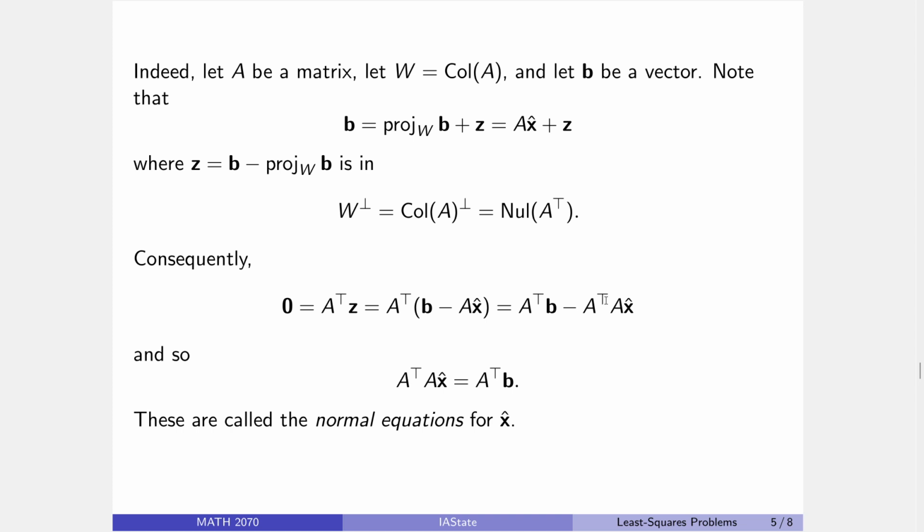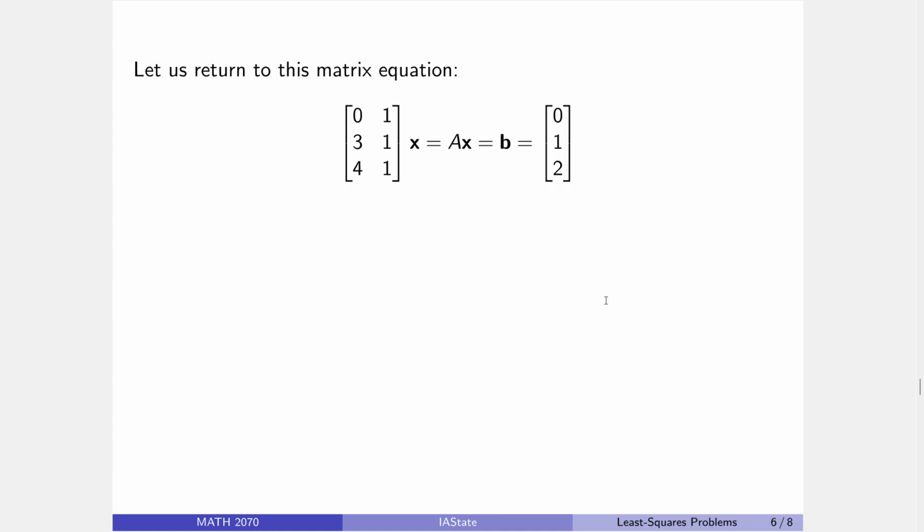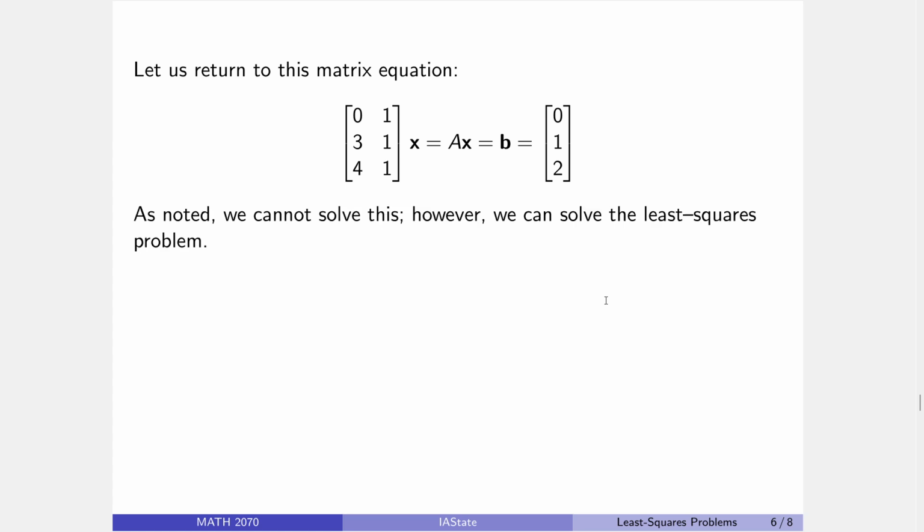Alright, so let's actually put this to work now that we have it. So, return to this equation we started with. We know this has no traditional solution. There is no x so that Ax equals b here. However, we can always find an x hat so that A transpose A x hat is equal to A transpose b.